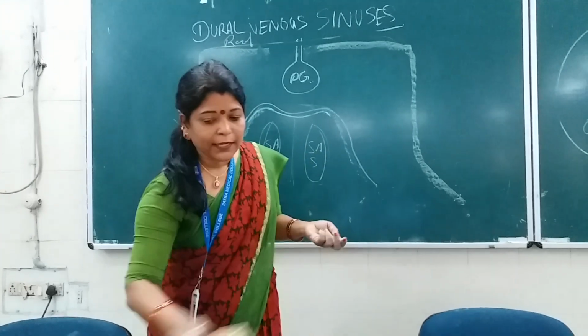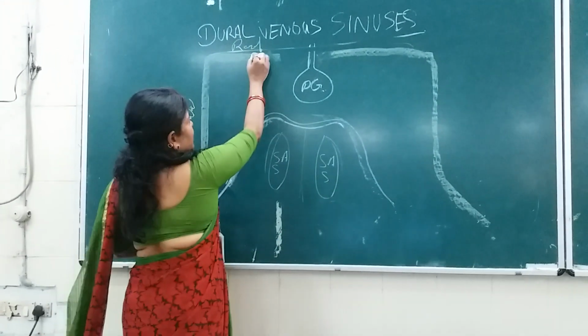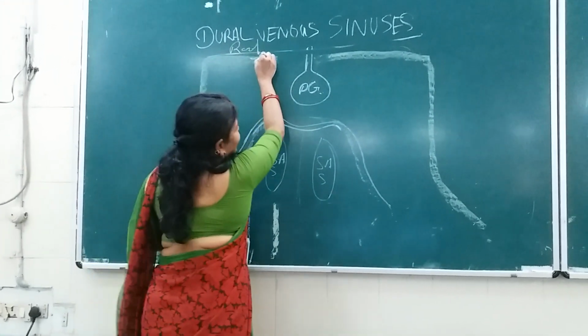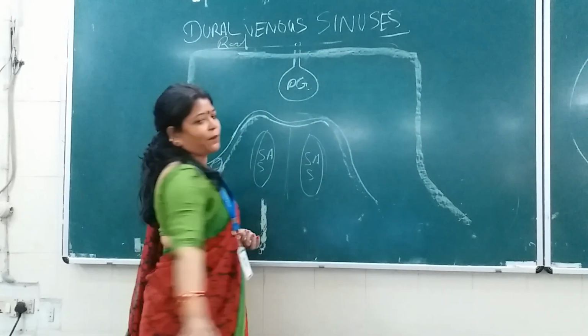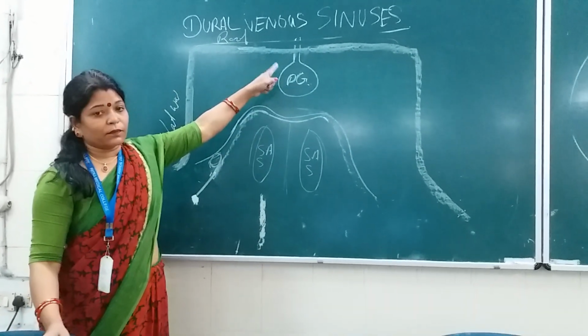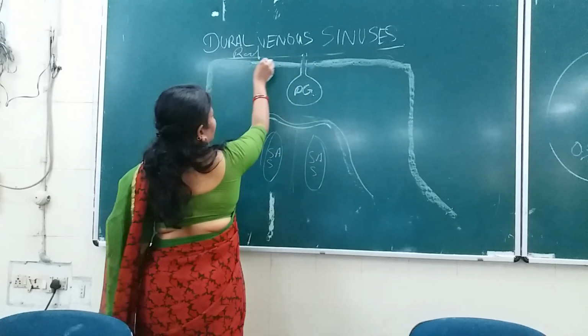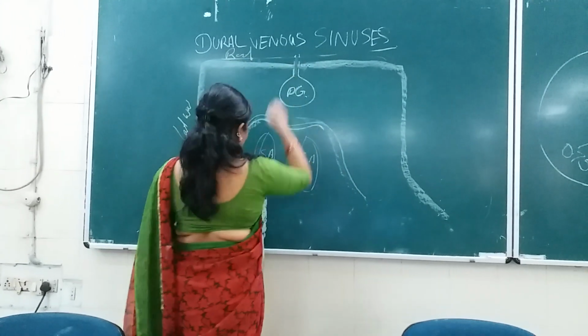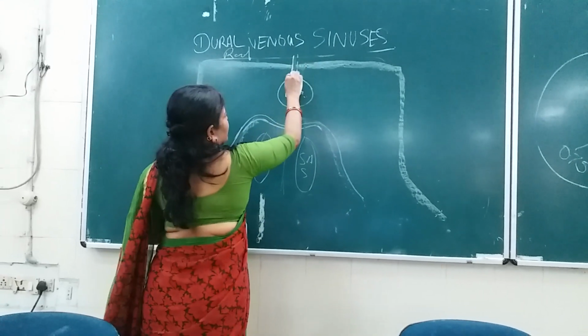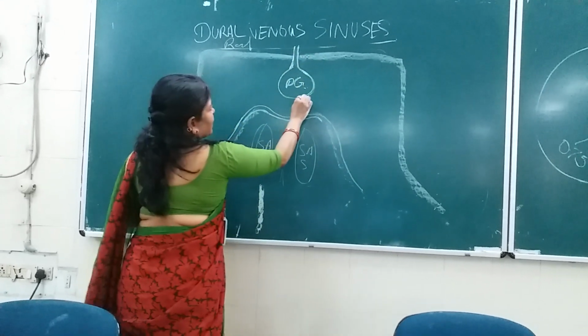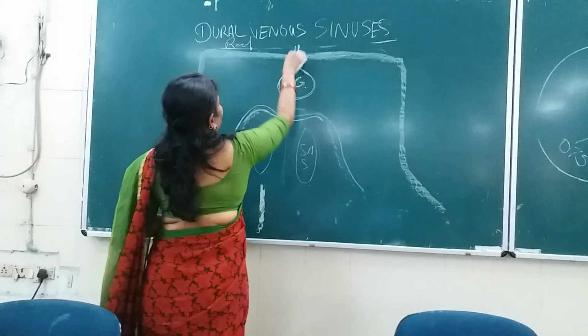The diaphragma sellae. So this fold of the dura mater is continuous with the diaphragma sellae above. There is only an aperture in the diaphragma sellae for the passage of the infundibular stalk. This is the infundibular stalk of the pituitary gland.